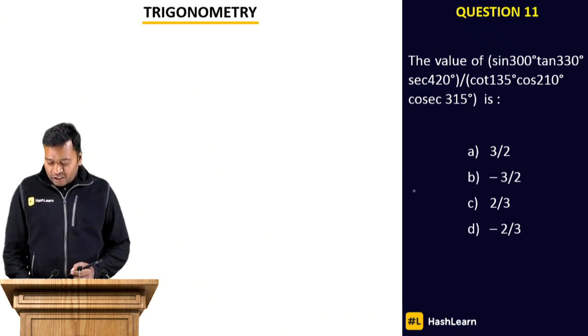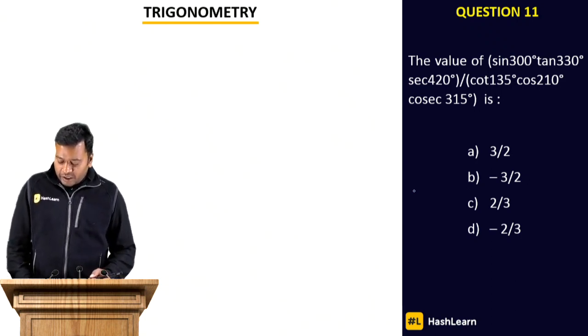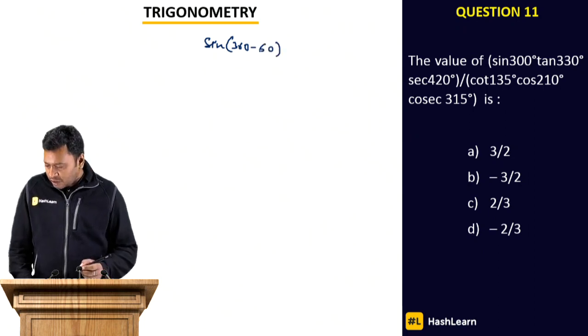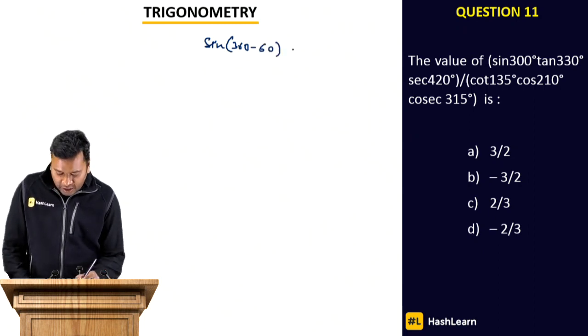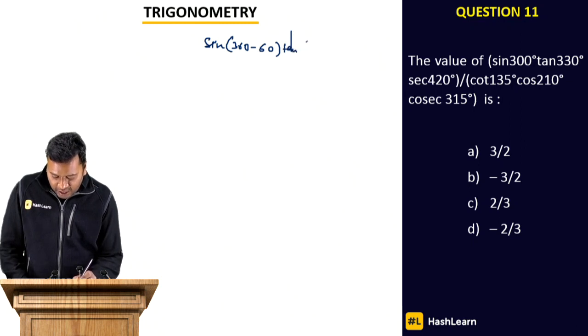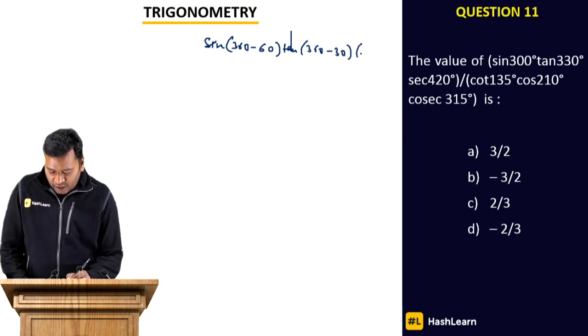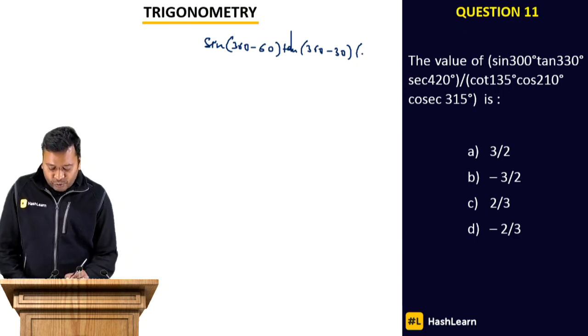The value of sine 300. How can we represent 300? I can write the value as sine 360 minus 60 is my value. So let's write in this format. Then tan 330 is again 360 minus 30, into sec 420.